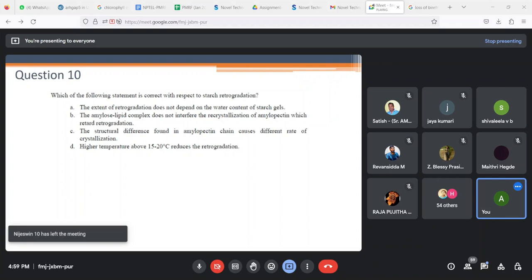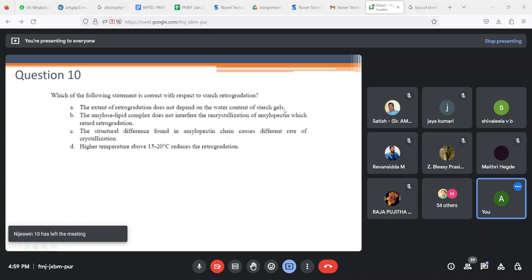So your starch will come together, it will aggregate, it will recrystallize, and this process is known as retrogradation. So the extent of retrogradation, that is the extent to which your starch can recrystallize, depends upon various kinds of factors. So your extent of retrogradation does not depend on water content of the starch gels.